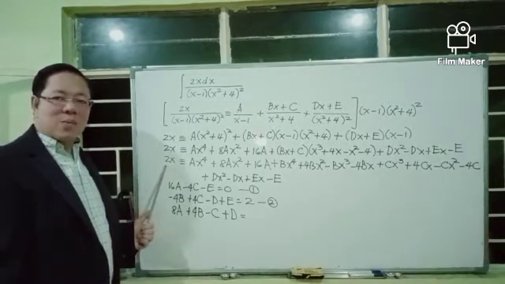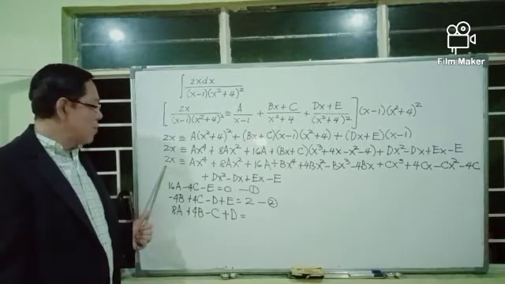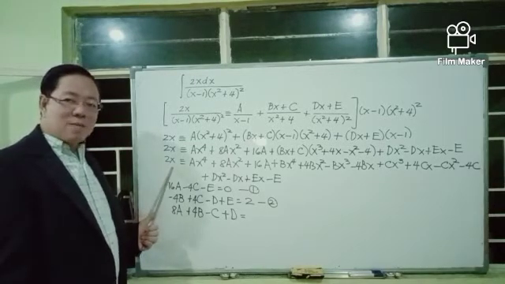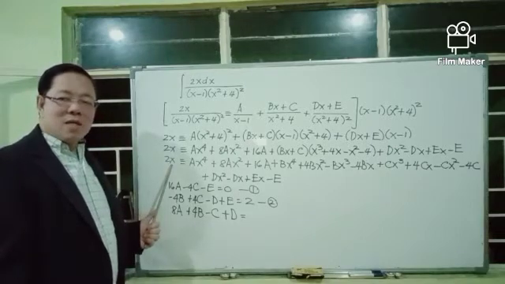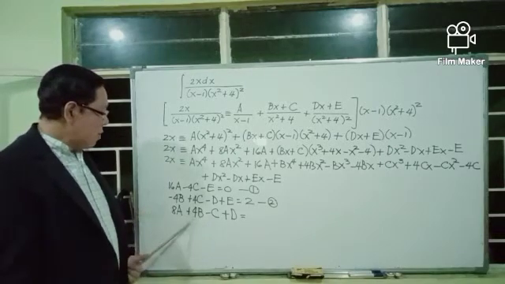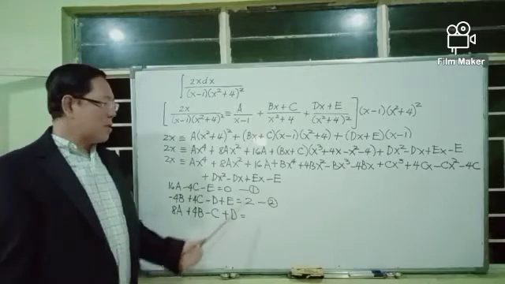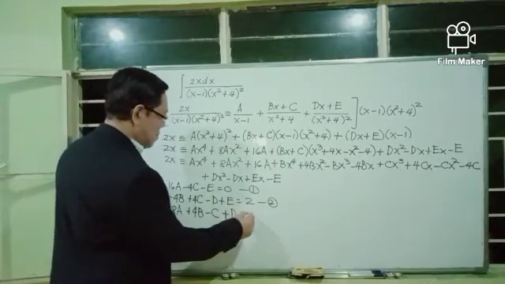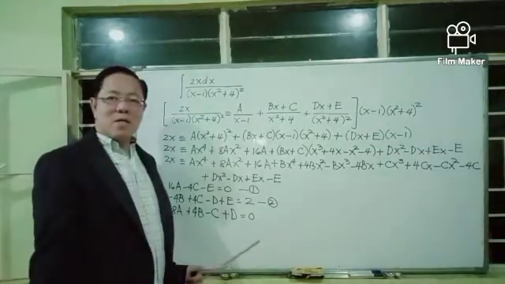If it has x squared, its coefficient must be 0, or you can add anytime plus 0 x squared at the left hand side, and the left hand side is still 2x. So we equate this coefficient of x squared at the right hand side with 0. And we call this equation 3.